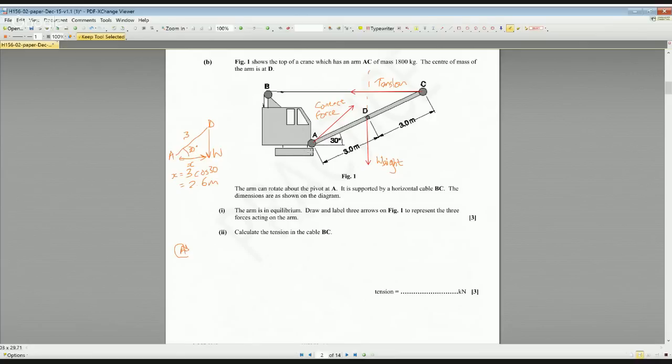The only other force that counts here, because the contact force acts at A, so there's no distance, so it doesn't provide a moment. The only other force we're interested in is the tension, and again, we're interested in the perpendicular. I drew that on the diagram here. Is this distance here? So once again, we can sketch a triangle.